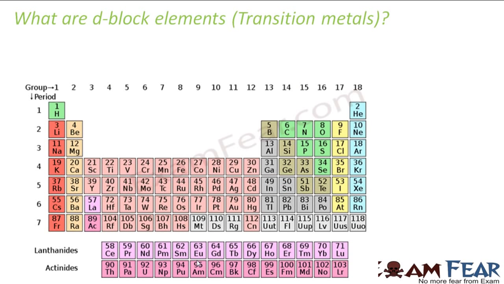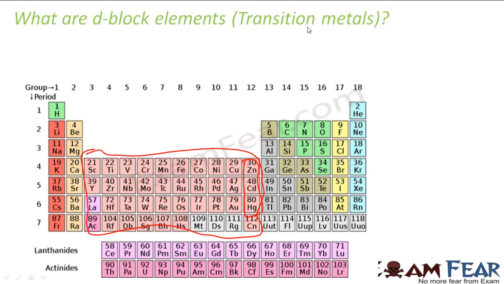So if you see the D block transition metals as per our design, these are my D block elements, also called transition metals. Please note these three are not called transition metals, but they are D block elements. Why?